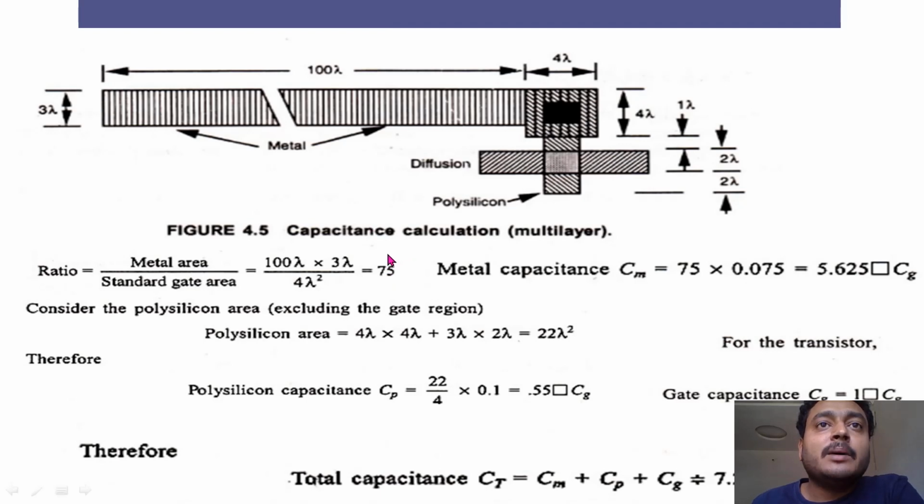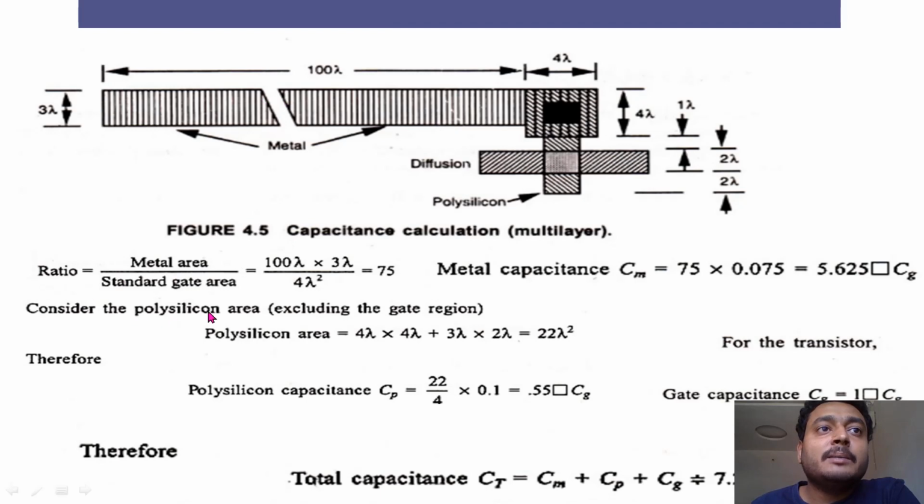Metal capacitance is this relative value 75 times the relative C value. For 5 micrometers, in the last slide we found 0.075, right? So 75 times 0.075 becomes 5.625 times the standard unit of gate capacitance. So this will be your metal layer capacitance.